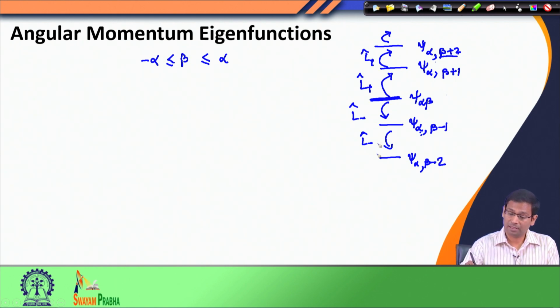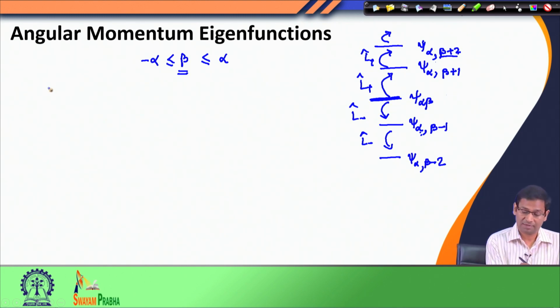So, when I am obtaining beta, I am going in steps of 1: beta, beta minus 1, beta minus 2, and so on, or beta, beta plus 1, beta plus 2. But it is not going to be an infinite series; rather, it is going to be finite. Why? Because beta has an upper limit and a lower limit.